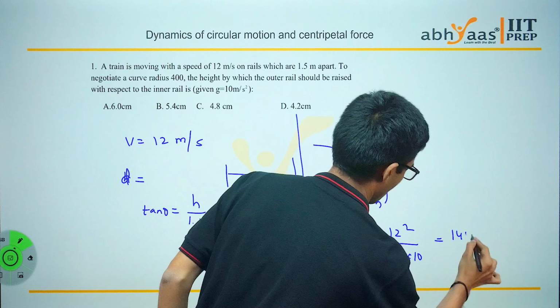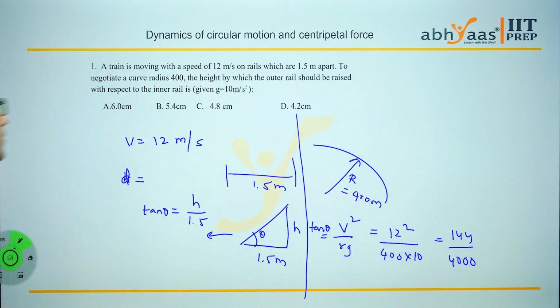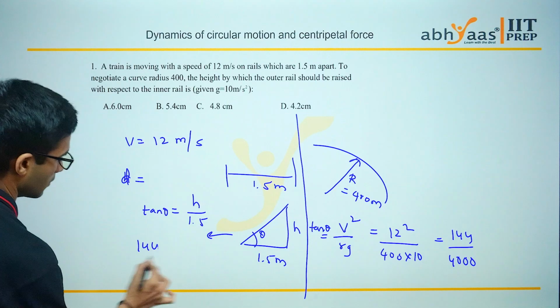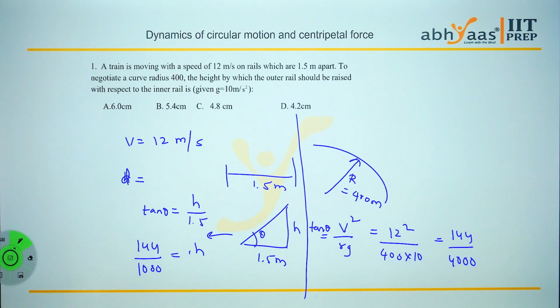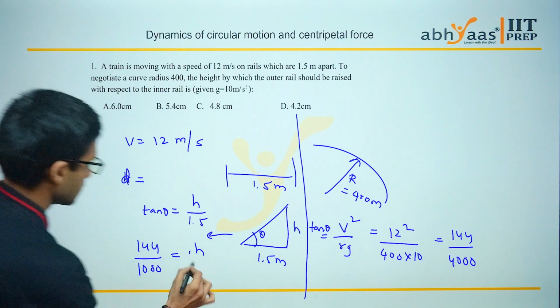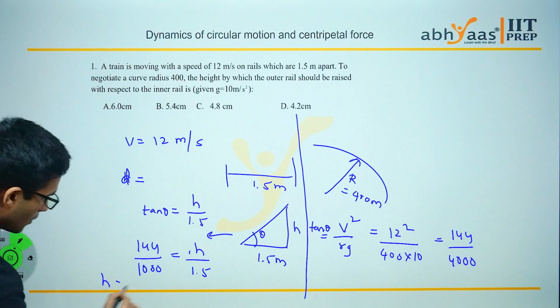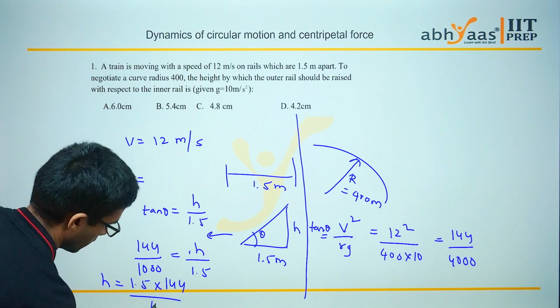So 144 by 4000, so 144 by 1000 equals H by 1.5 meters. So H is equal to 1.5 into 144 by 1000.